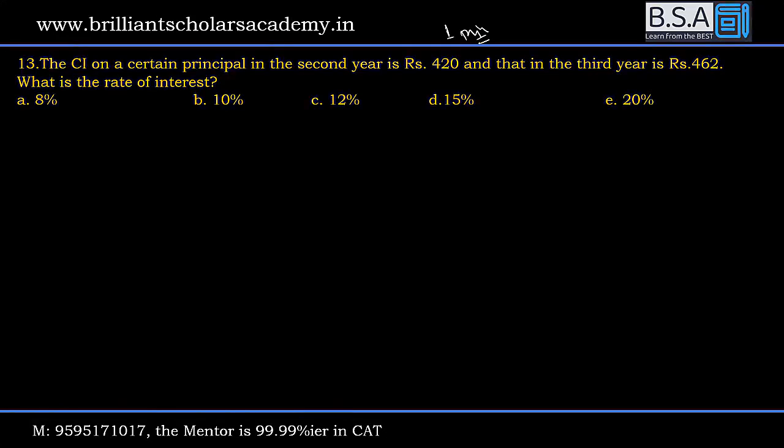Very simple question. I mean, we have talked about this. In the second year, this is the interest you have earned. In the third year, this is the interest you have earned. So second year interest, when raised by R percentage, you should have third year interest. So what is the raise here?